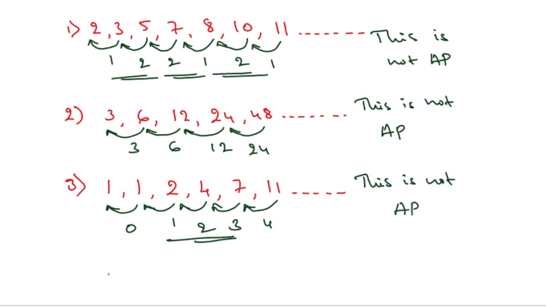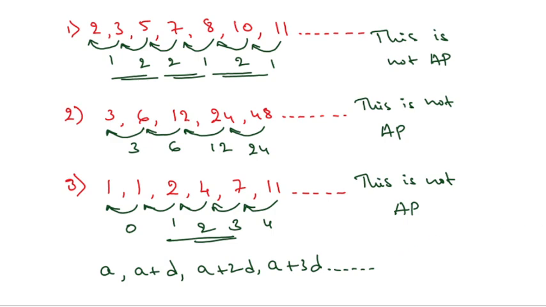From the general formula, we know that an AP can be written as a, a plus d, a plus 2d, a plus 3d, and so on. It means that if you know the value of the first term and the value of d, you should be able to write the AP.